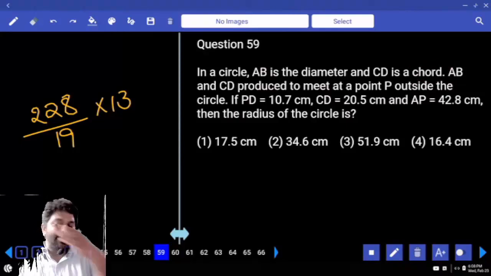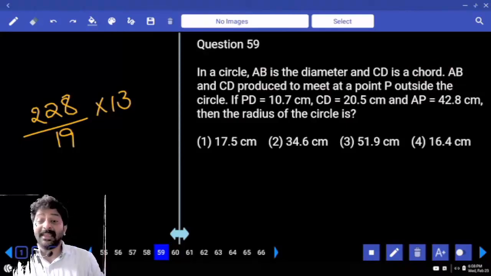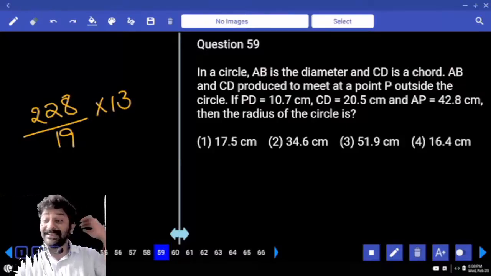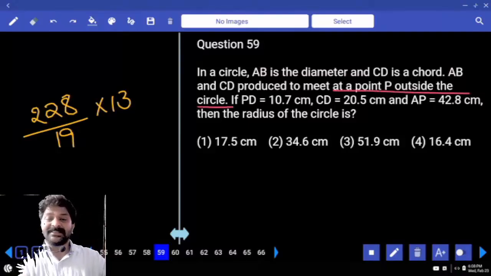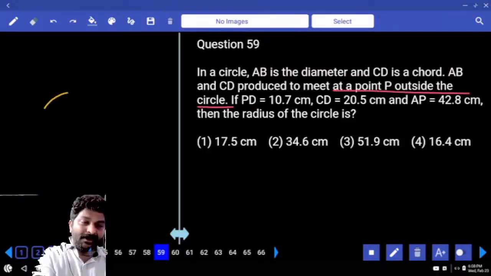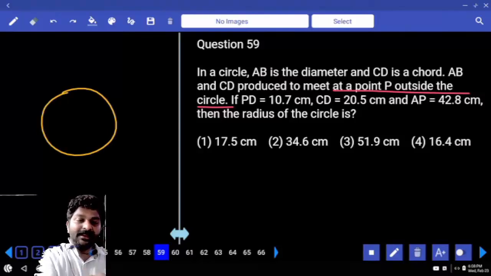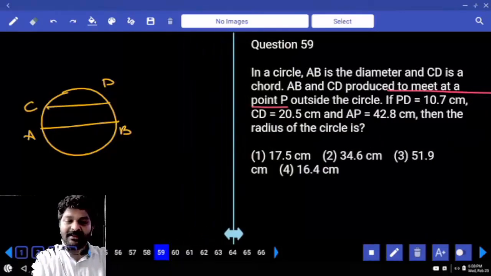In a circle, AB is a diameter and CD is a chord. AB and CD produced to meet at a point outside the circle. Okay. Now there is a circle here. AB is a diameter. CD is a chord. And they are extended outside.